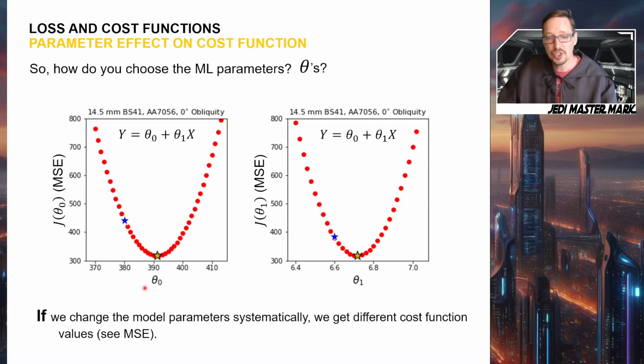If you just change theta naught, it's parabolic, so here's the parabolic shift. Here's theta 1. If we change that, it's another parabolic curve. So as you get further and further away from 6.72 and 391, the cost function is going to increase. And there's the blue value of what we showed, this 380 value on the last plot.